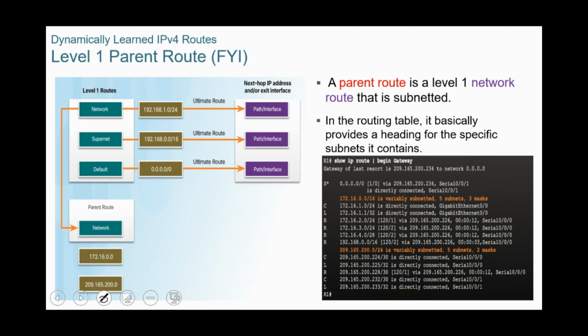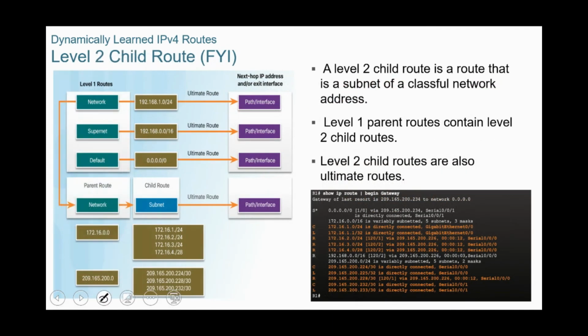Okay, next we go for the parent route. It's a level 1 network route that is subnetted. In the routing table, it basically provides a heading for the specific subnets it contains. So this is just for your info about parent routes. And next, also for your information, the level 2 child route is a route that is a subnet of the classful network address.